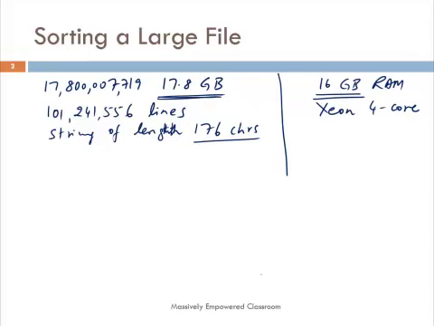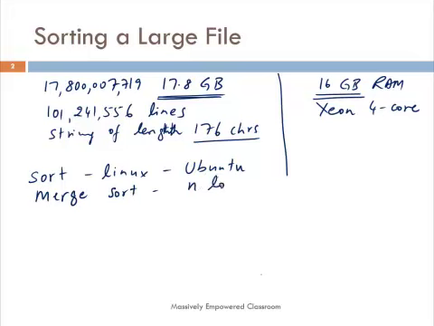Initially we thought we would have to write our own code, but then we looked at the implementation of sort that's available in Linux, in particular on Ubuntu that we were using. It turned out that if we read the man page, it actually implements merge sort.